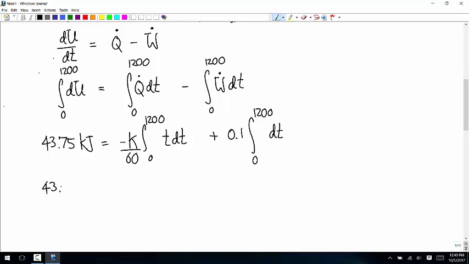So 43.75 is equal to negative K over 120 t squared, evaluated from 0 to 1200, and then plus 0.1 t from 0 to 1200.